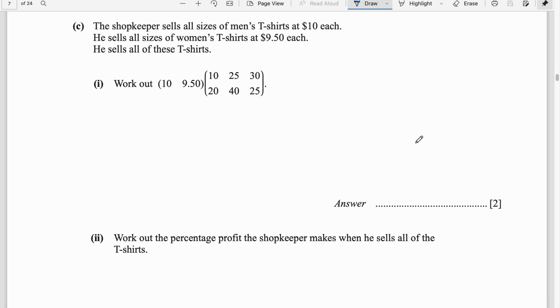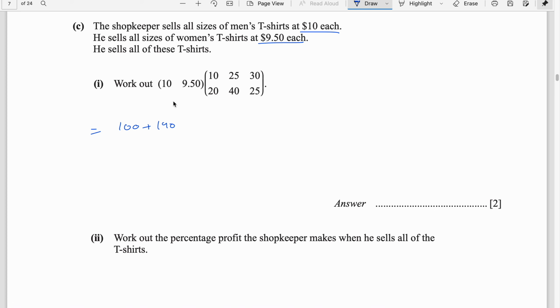C part. The shopkeeper sells all sizes of men's t-shirts at $10 each. He sells all sizes of women's t-shirts at $9.5 each. He sells all of the t-shirts. So let's work out row into column. 10 times 10 is 100 plus 9.5 times 20 is 190.